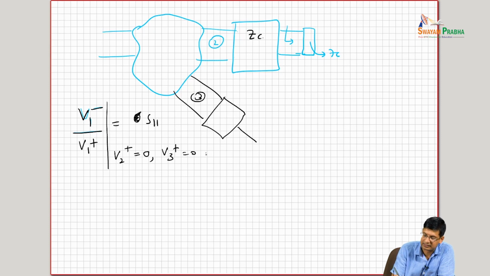So this has the same ZC transmission line and I'm able to terminate it, right?